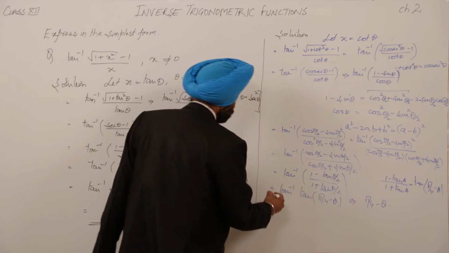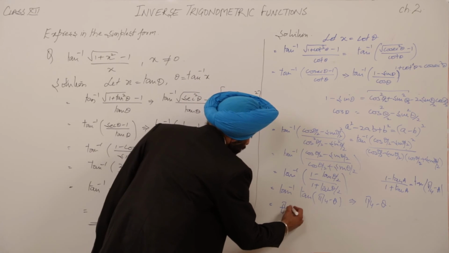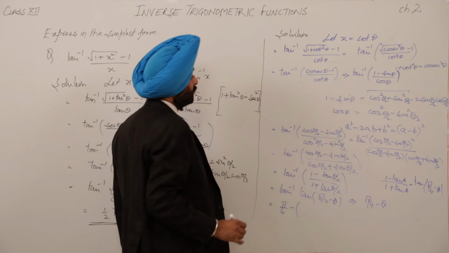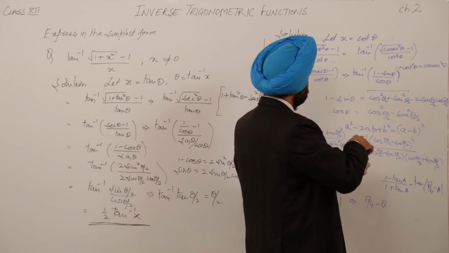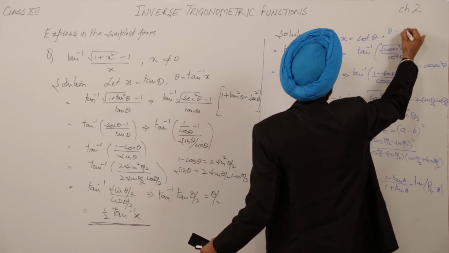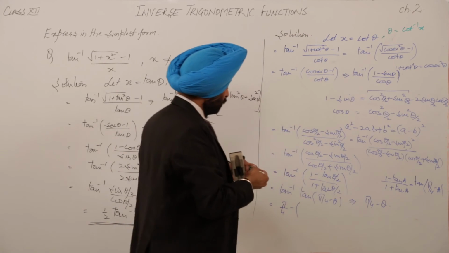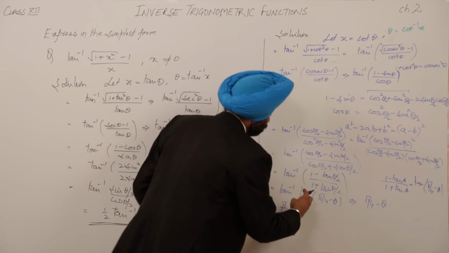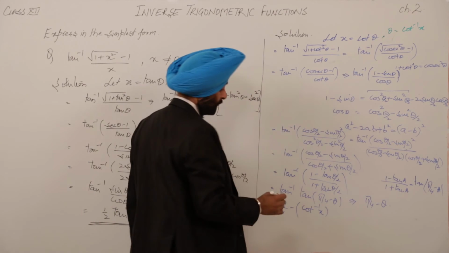Now one more step, pi by 4 minus, now theta. Here we were having, when x is equal to cot theta, what is theta? Theta is cot inverse x. So now here we are getting pi by 4 minus cot inverse x.